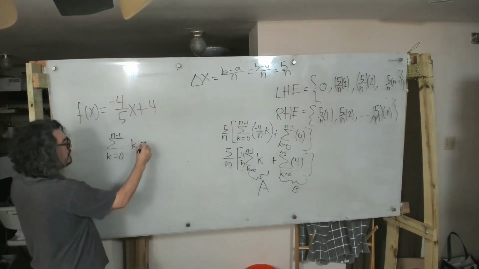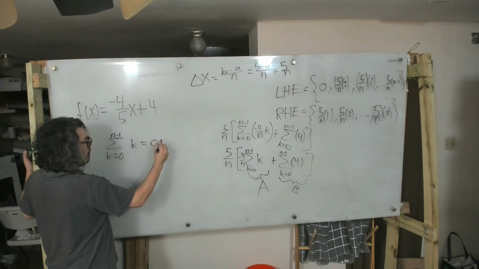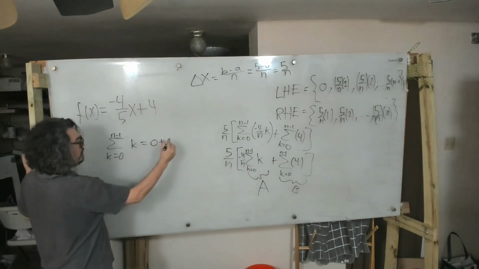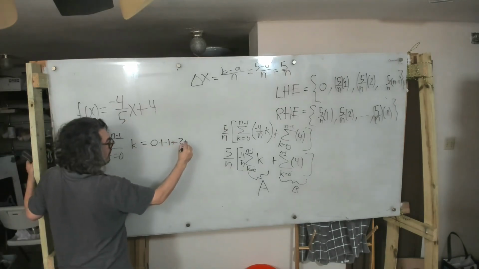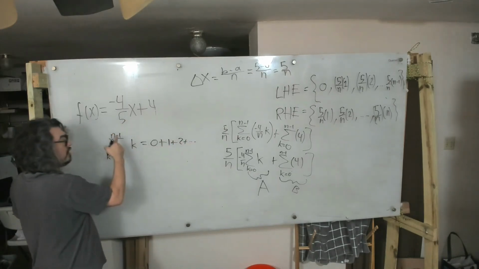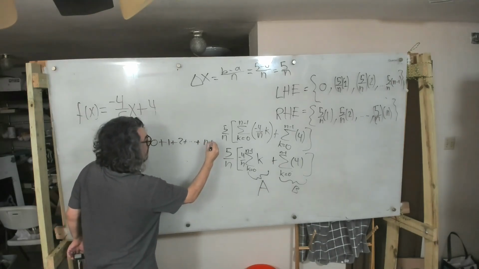Now let's look at what this gives us. If k equals 0, this is 0. Plus, if k equals 1, it's 1. Plus, if k equals 2, it's 2. Plus dot, dot, dot, and then it stops when we get to n minus 1. So plus n minus 1.